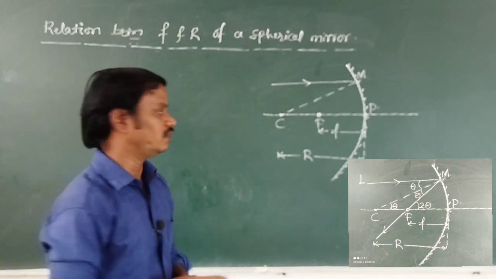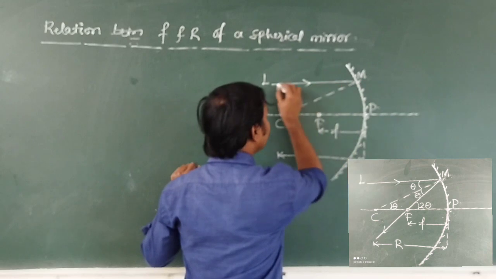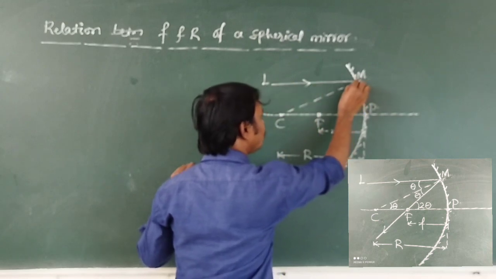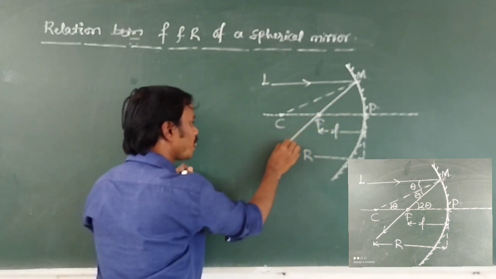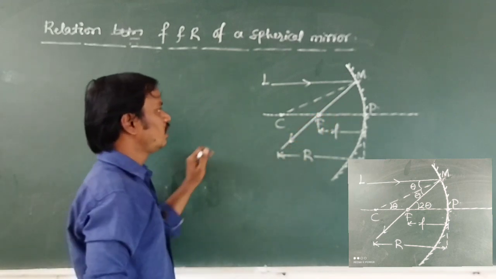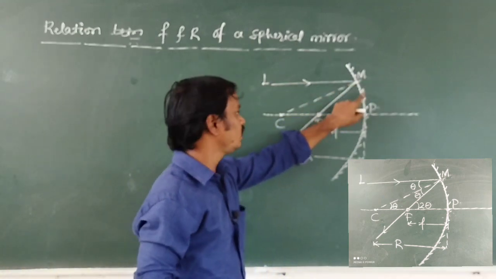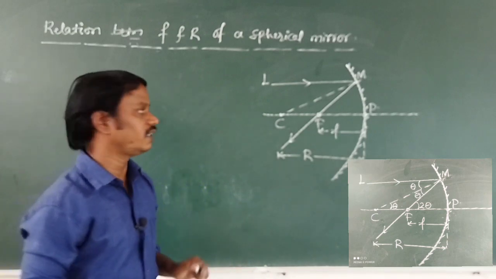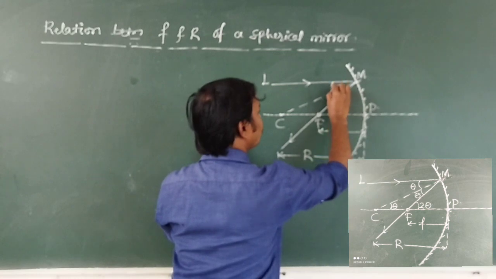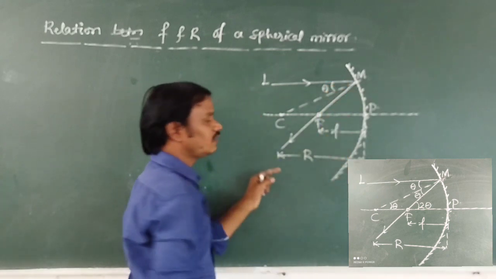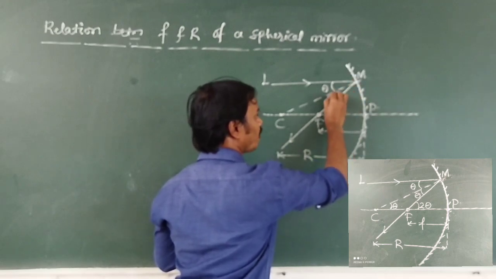At the point of incidence, we draw the normal in order to find the angle of incidence and also the angle of reflection. Now, LM is the incident ray, and when this ray falls on the mirror, it undergoes reflection and the reflected ray passes through the principal focus. MF is the reflected ray. The angle between the incident ray and the normal is the angle of incidence, and the angle between the reflected ray and the normal is the angle of reflection.